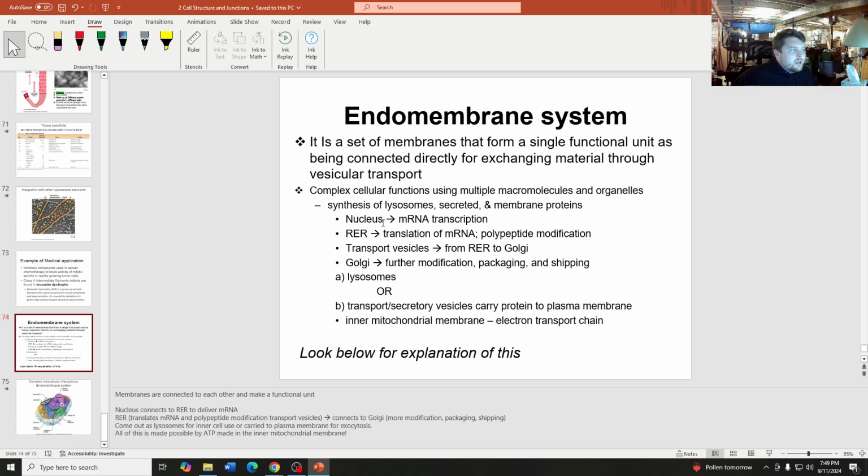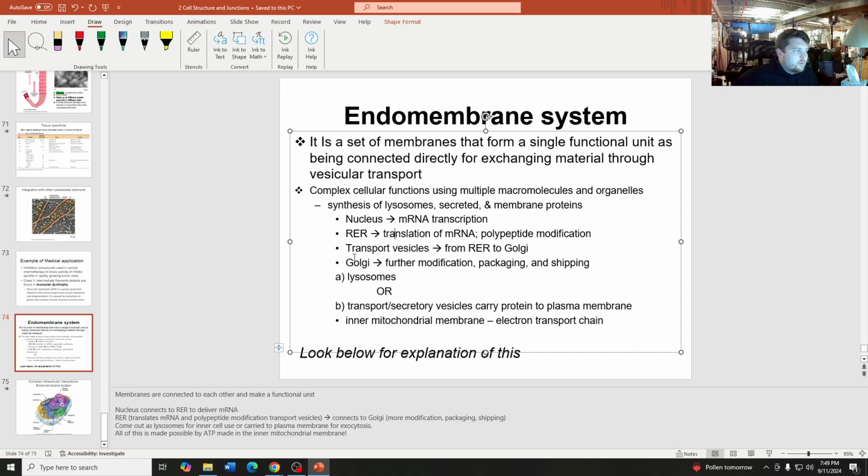So in the nucleus, we get mRNA transcription. That mRNA goes into the rough endoplasmic reticulum, which translates it. We'll learn a lot of these words later. Transcription is copying the DNA. Translation is reading the mRNA with the ribosomes in order to produce the proteins, to make the polypeptide chain.